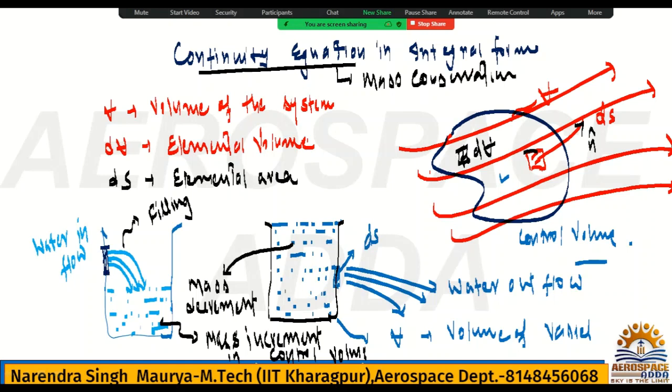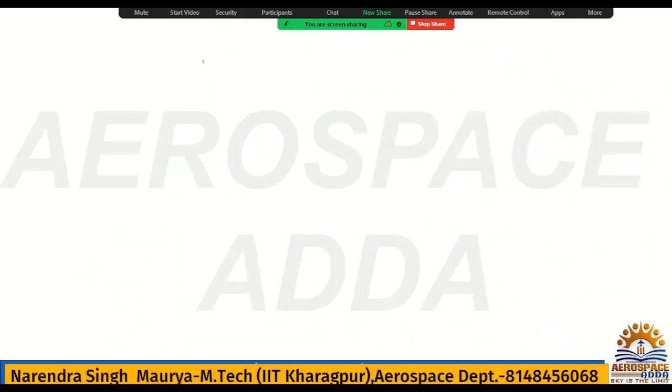Now, based on this, we need to write the equation, the integral equation for the mass conservation. So, what can I write? What is the mass? Simple. Mass per unit volume is nothing but density, right?